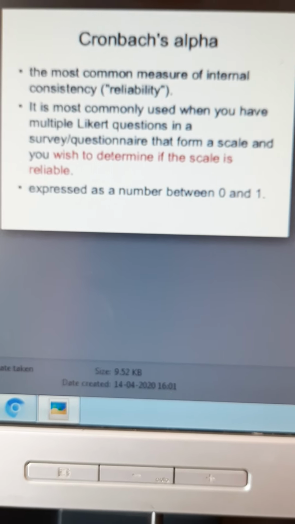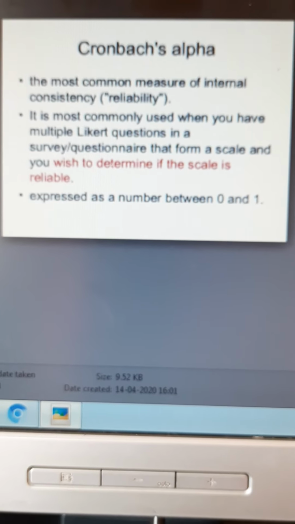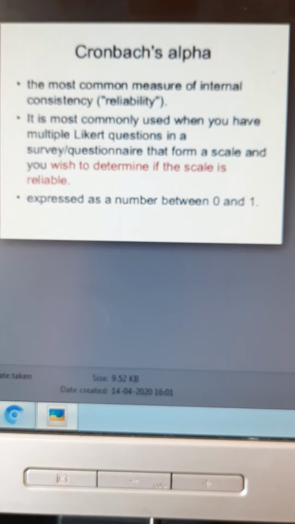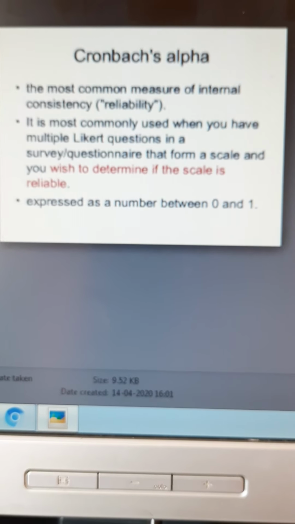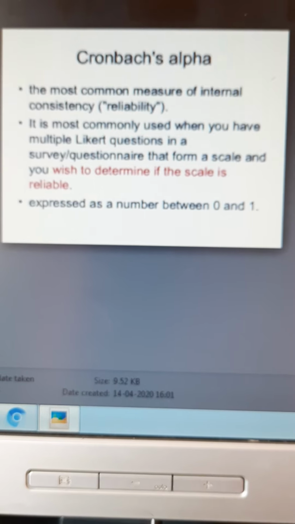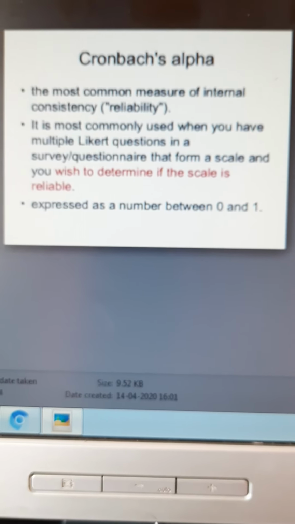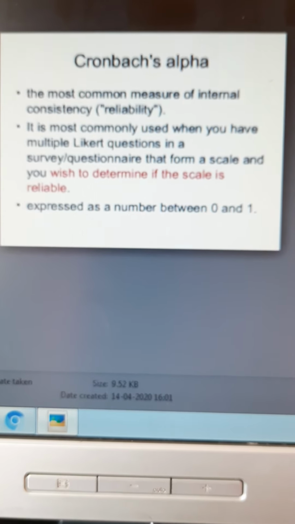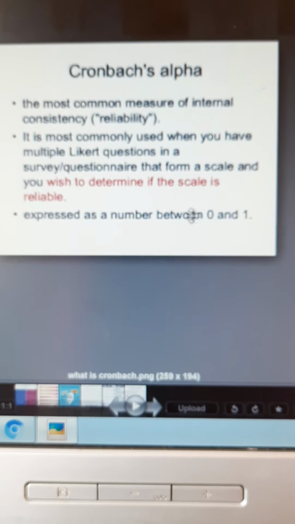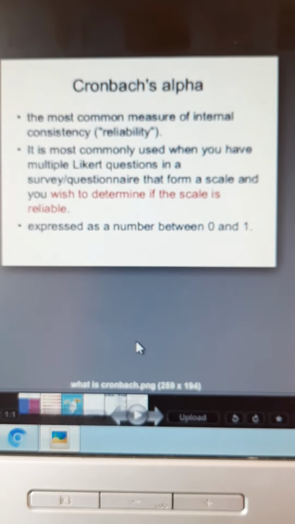If there are 20 questions, 20 into 20 times, it will check first item inter-item correlation with second item, first with the third, first with fourth, fifth, sixth, like that. It conducts 20 times 20 if there are 20 questions. And then it will throw out a result, which is called reliability, which is what is called Cronbach alpha. And that number is between 0 and 1.